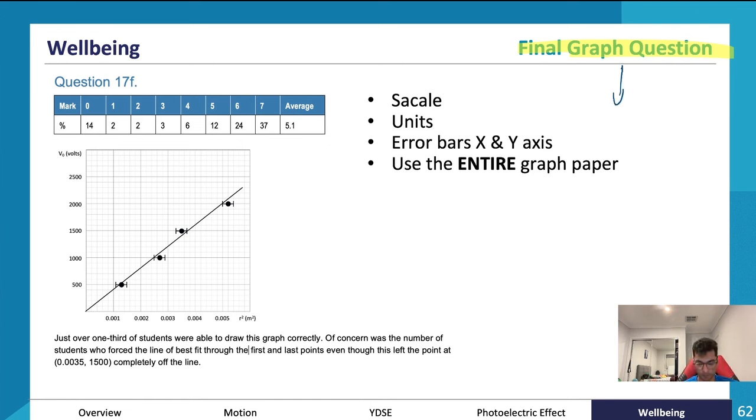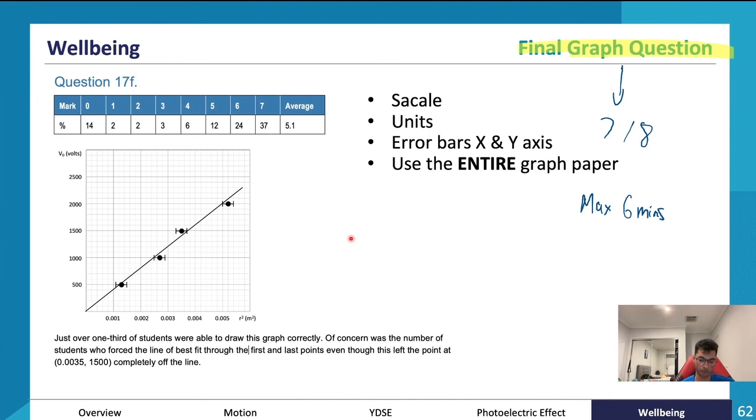It's usually worth about 7 to 8 marks, and if you do this properly, it can take you a maximum of 6 minutes, assuming that you don't mess up. So considering this from a time perspective, this graphing question will always grant you the most marks for the time allocated.